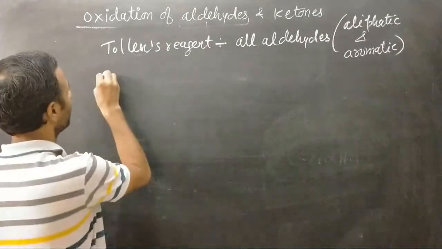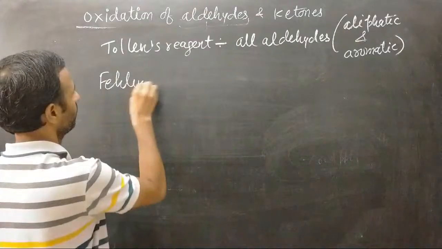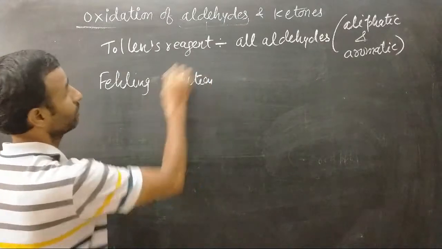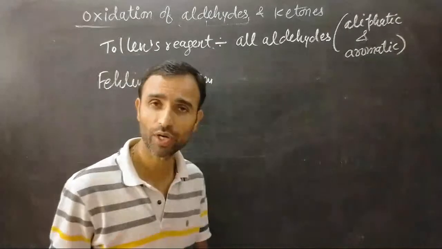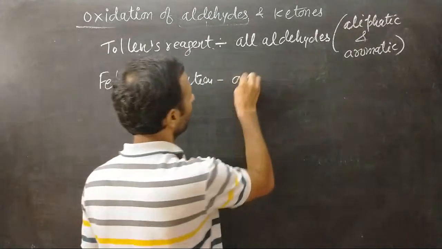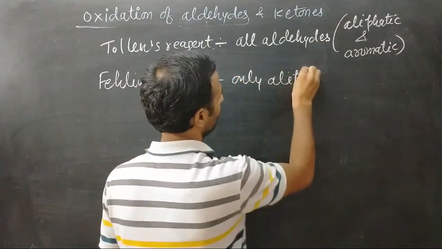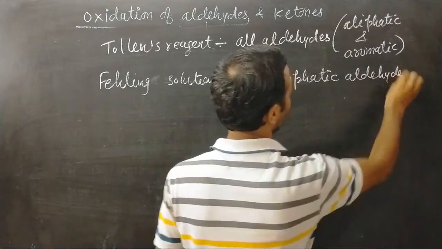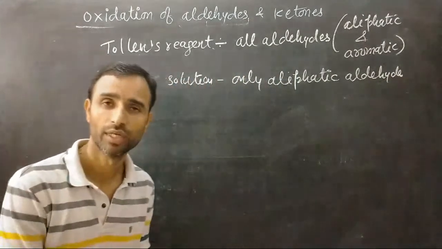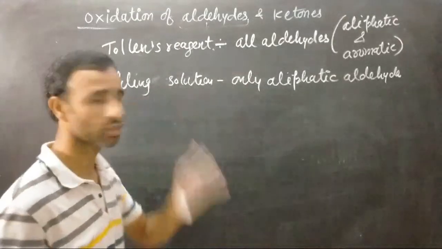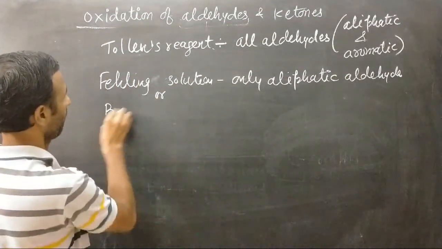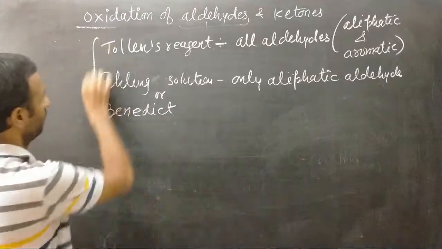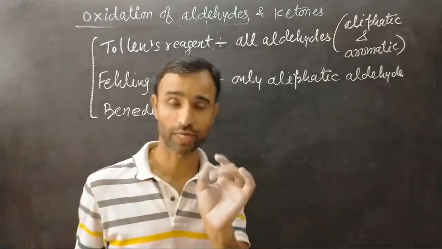Fehling solution gave red precipitate of cuprous oxide, while Tollens gives silver mirror. Only aliphatic aldehydes will react with Fehling. Even aromatic aldehyde and ketone will not react with it, right? Same is the case with Benedict solution. But one ketone is an exception.